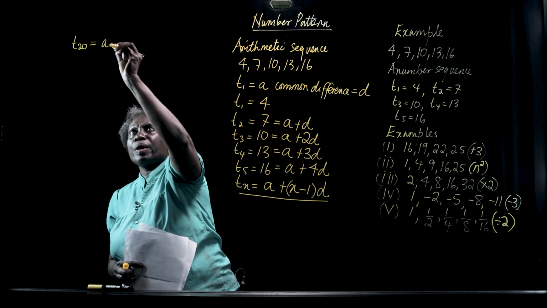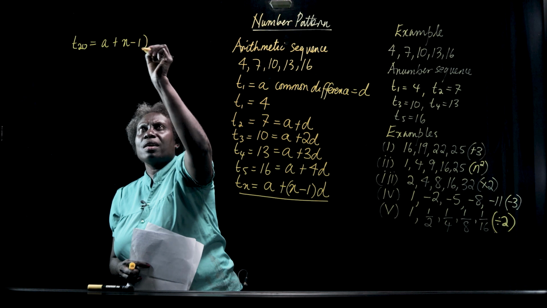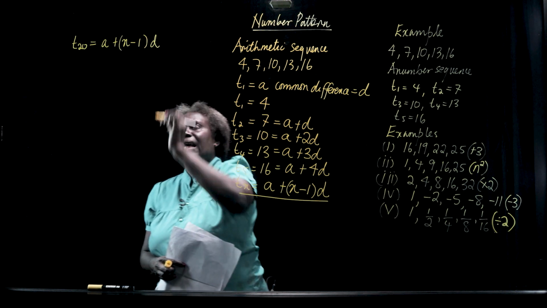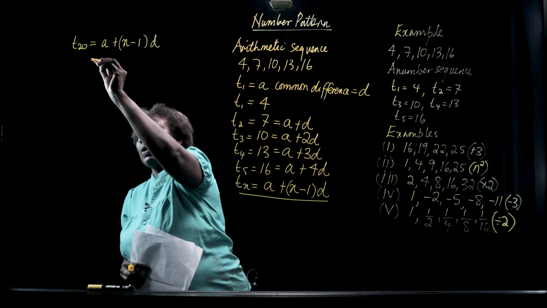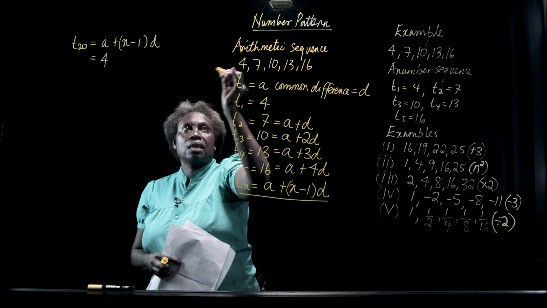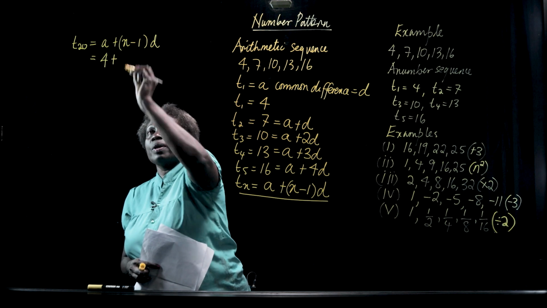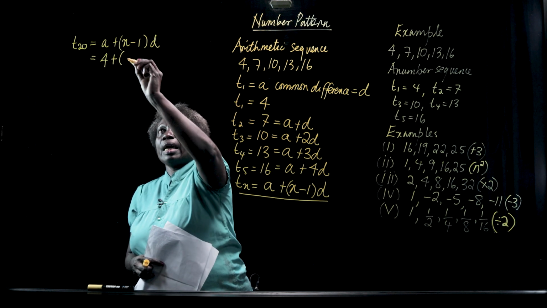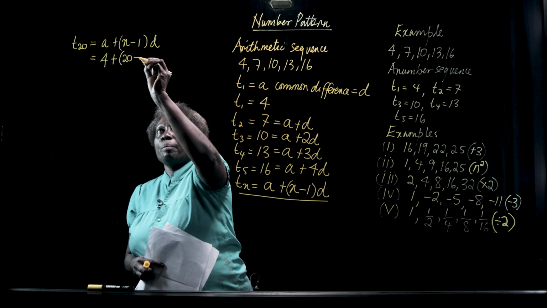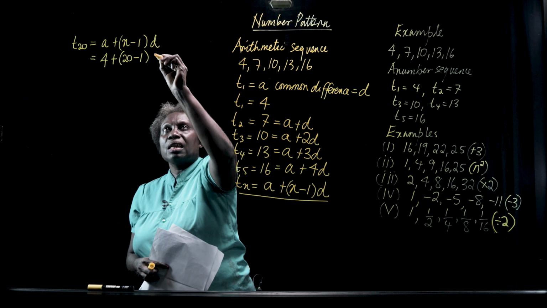T20 is equal to A plus n minus 1 multiplied by D. So T20 is equal to 4, which is term 1 of our number sequence, plus 20 minus 1 multiplied by the common difference, which is 3.